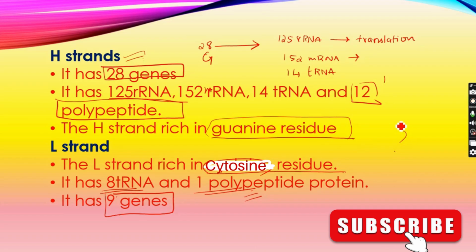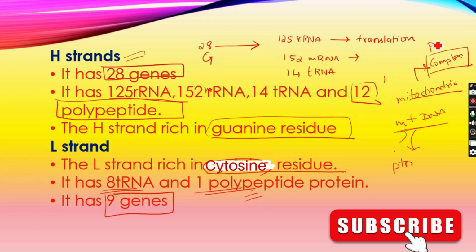What proteins can mitochondrial DNA produce is our question. A mitochondrial DNA can produce its own proteins. The mitochondria is the powerhouse of the cell. It consists of a large number of complexes, and these complexes need proteins.